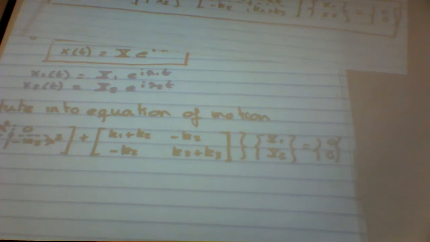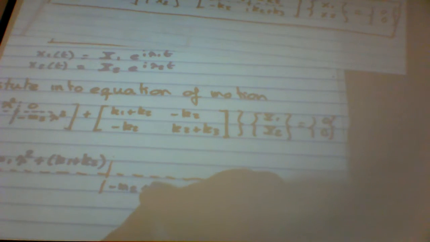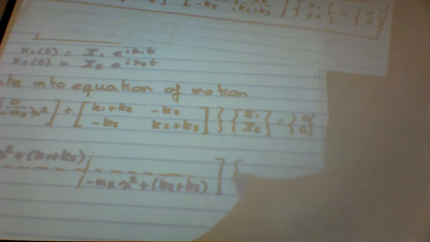Or I could rewrite this, which is the way I wanted to write it the first time: e to the i lambda t times the matrix with minus m1 lambda squared plus k1 plus k2, and minus m2 lambda squared plus k2 plus k3 on the diagonal. Then on the off-diagonal you're going to have minus k2, minus k2.